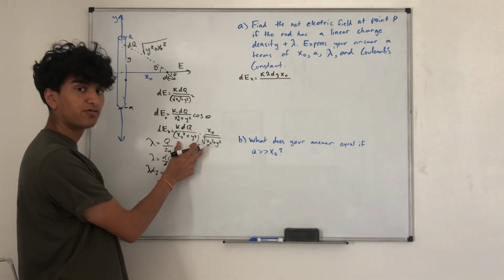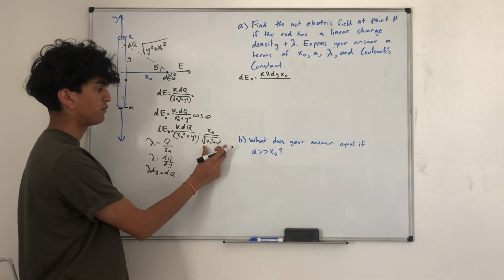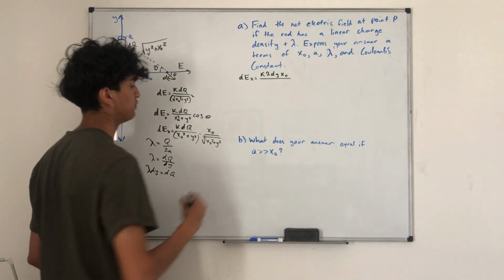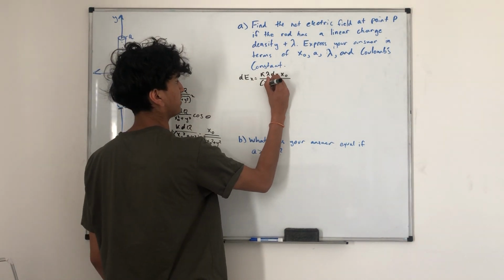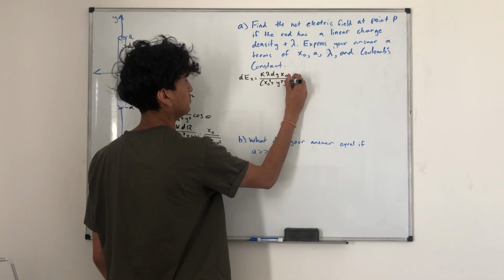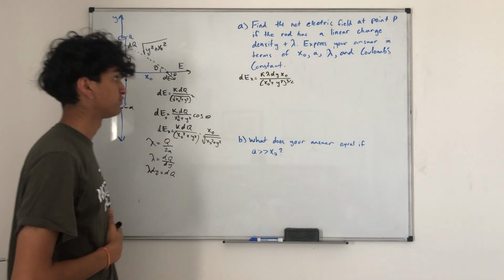This is to the power of 1, and we're multiplying by the power of 1/2. That gets us 3/2 by our exponent properties. So we can say x naught squared plus y squared to the 3/2 power.